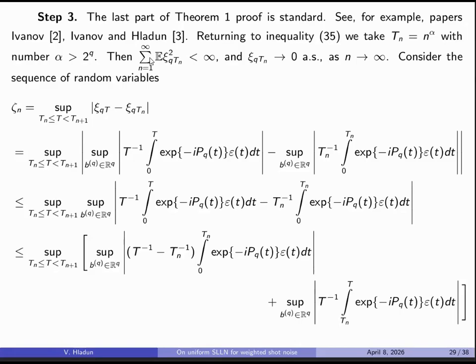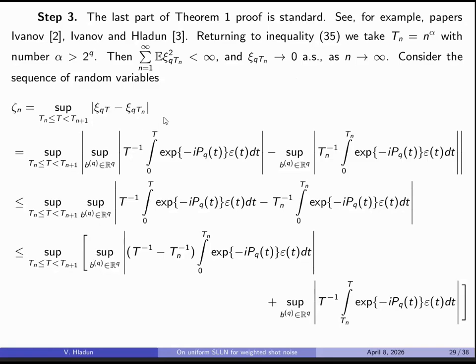Then such a series of second moments of the process psi q T_n converges, and that means that this process tends to zero almost surely as n tends to infinity.